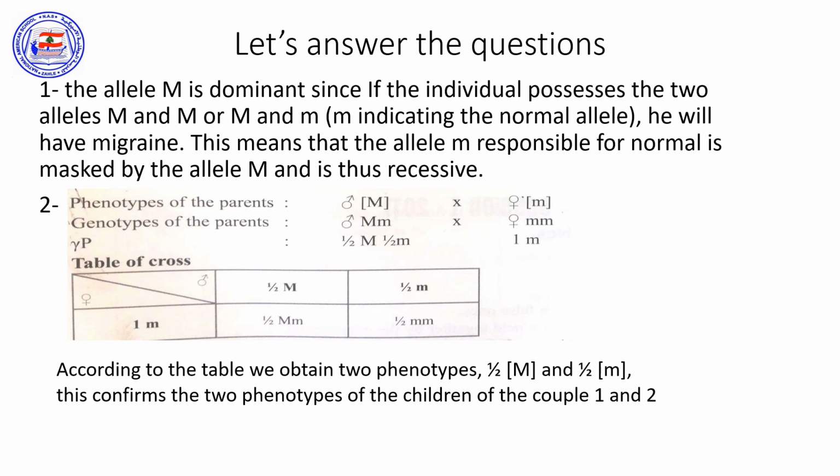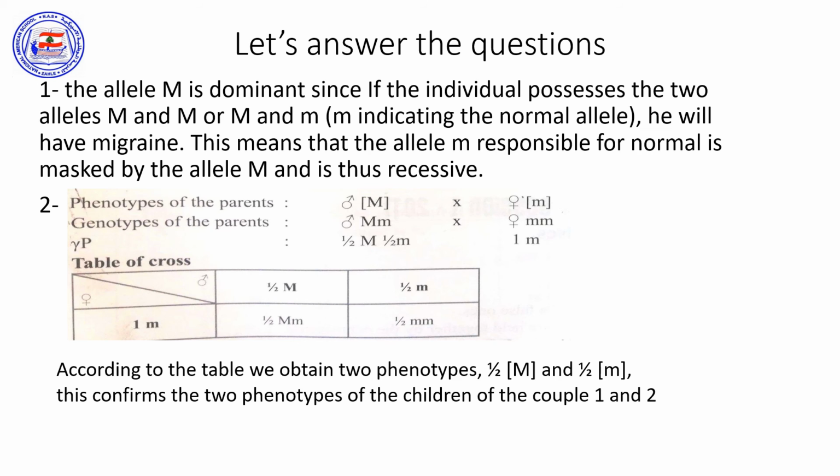Because he has normal children with phenotype small m, so these children must necessarily have inherited the allele small m from their father, like they have inherited it also from their mother. So the father who has capital M, being affected, should have also small m, so he's hybrid capital M small m. The genotype of the mother is small m small m, since the mother is normal and the allele normal is recessive, expressed only in the homozygote state.